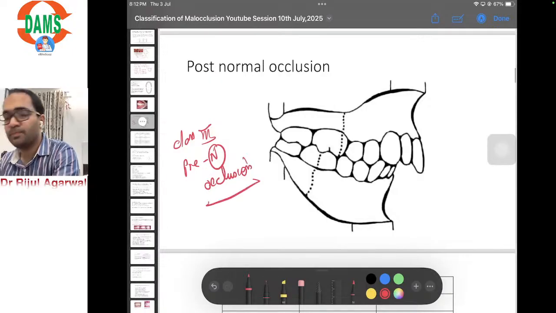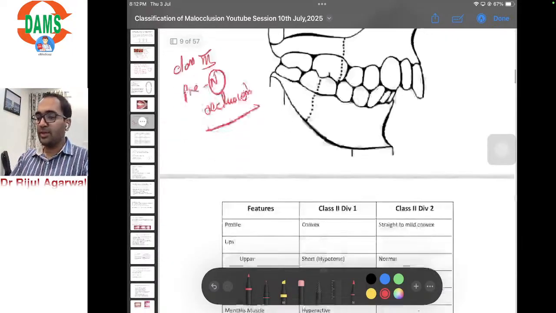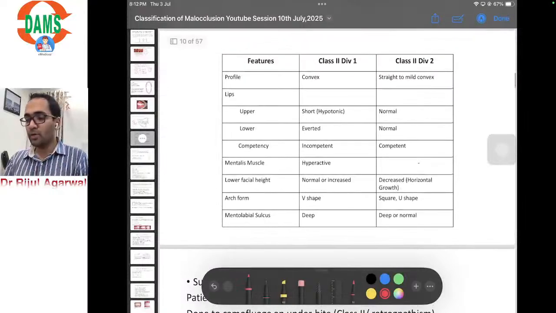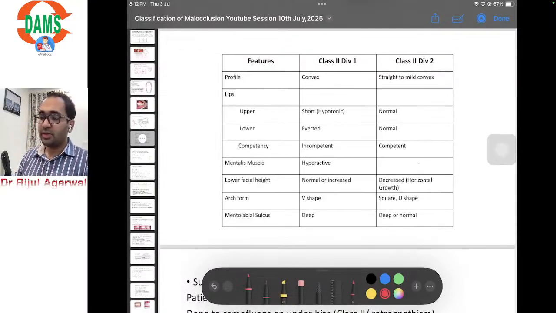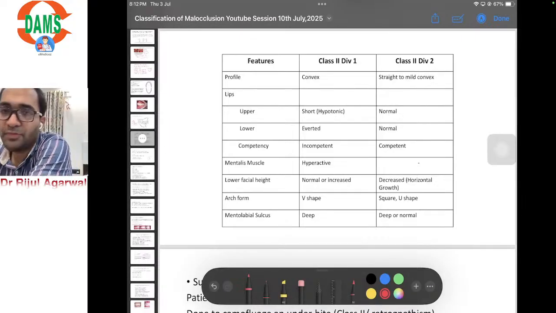Just remember these names. Next comes this table, which is very important: the differentiating features between class 2 division 1 and class 2 division 2 malocclusion.